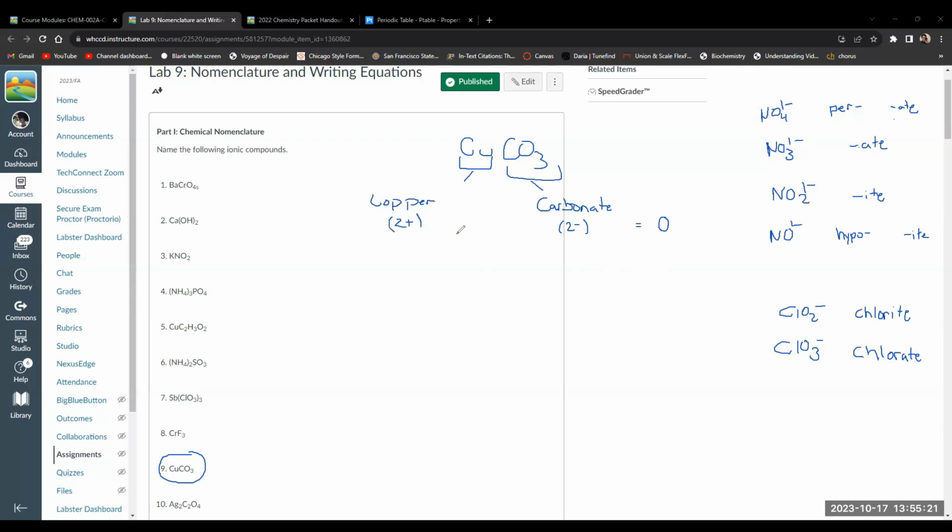So knowing that copper is 2 positive means we're going to be using a Roman numeral when giving the full name. So, copper 2 carbonate.